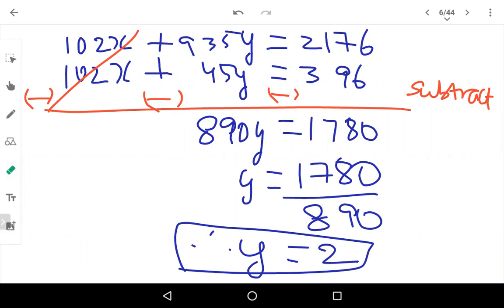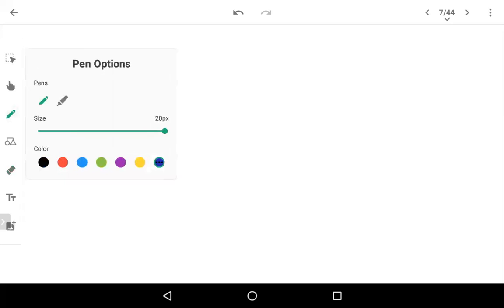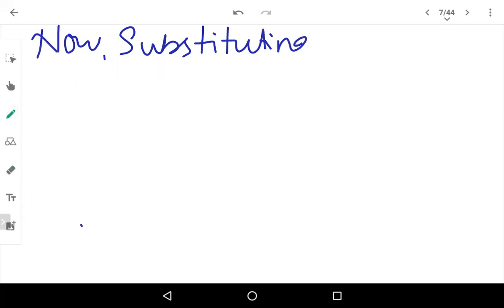Now let us substitute this in equation number 3. Substituting y is equal to 2 in equation 3.